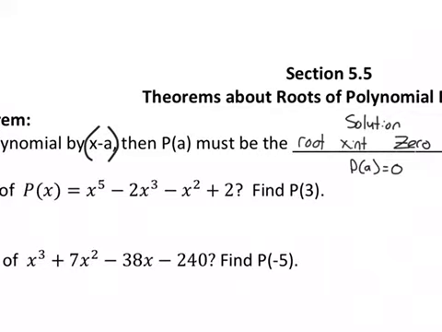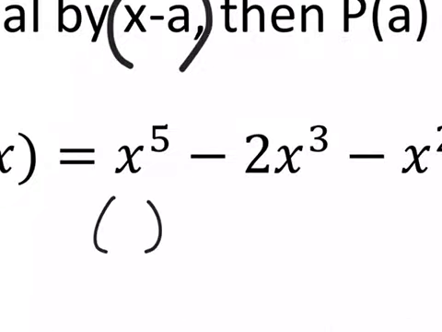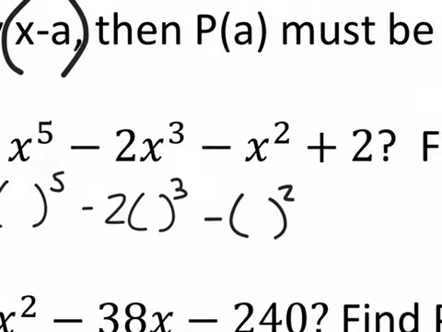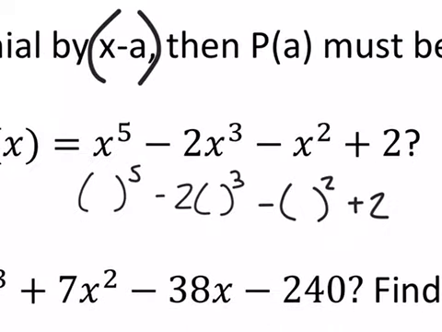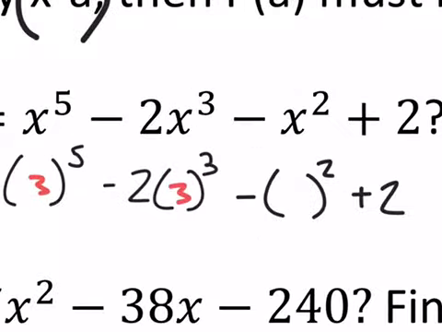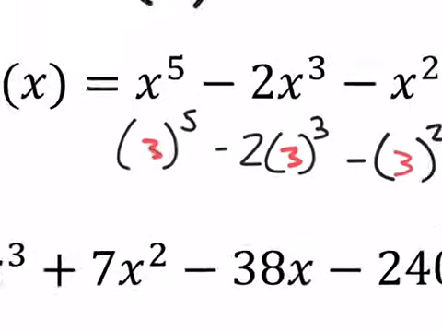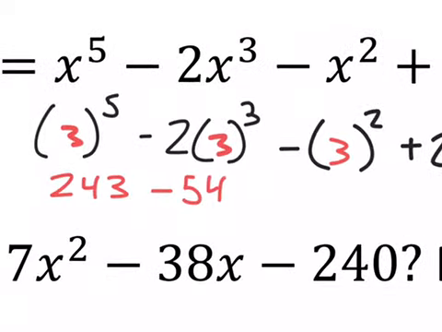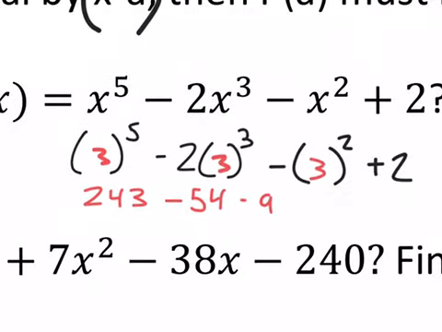So for this one, it wants us to plug in x is 3 and see if it in fact equals 0. Three to the 5th is 243. We're subtracting 3 cubed, which is 27 times 2, so minus 54, minus a 9, plus a 2.